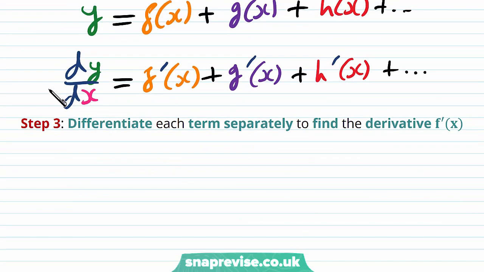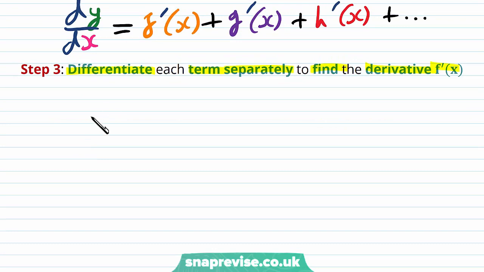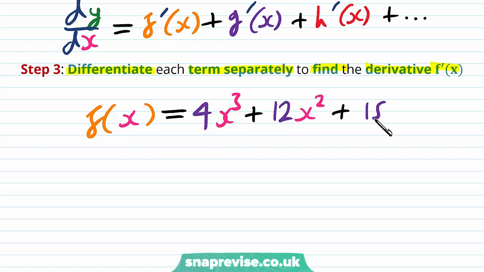Our third step is to differentiate each term separately to find the derivative f prime of x. So we have that our f of x is given to us as 4x cubed plus 12x squared plus 15.